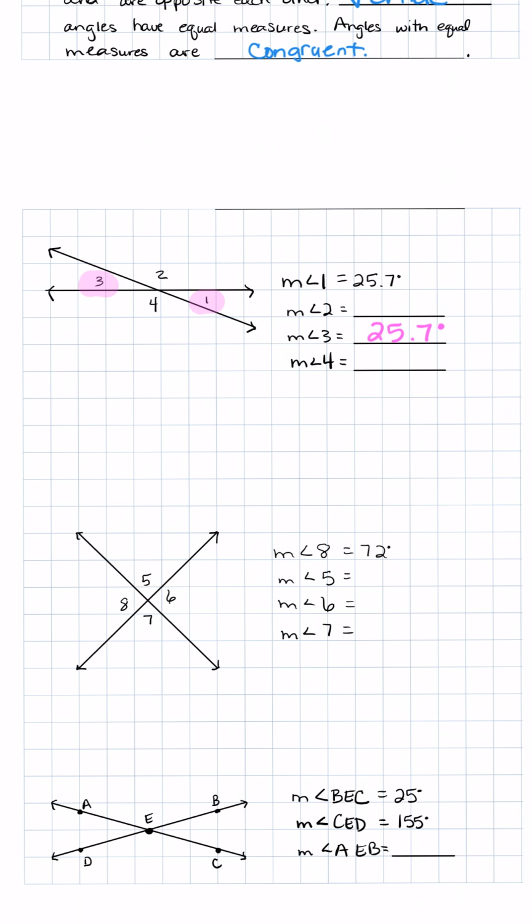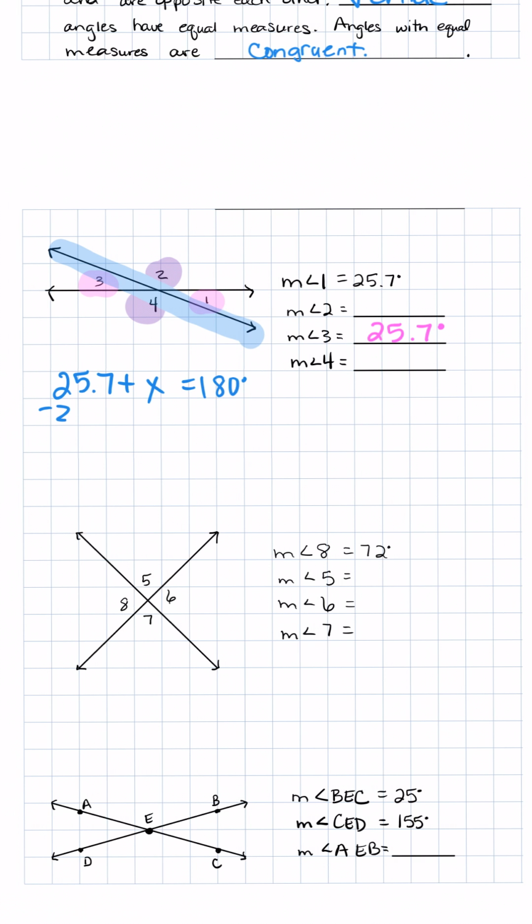And then we know that angle 2 and angle 4 are also congruent, or vertical angles. So therefore they are the same, but we don't know what that is, so we need to figure it out. But we do know that this is a straight line, which equals 180 degrees. So if that equals 180 degrees, and we know that measurement 1 is 25.7 degrees, we want to do plus what equals 180.